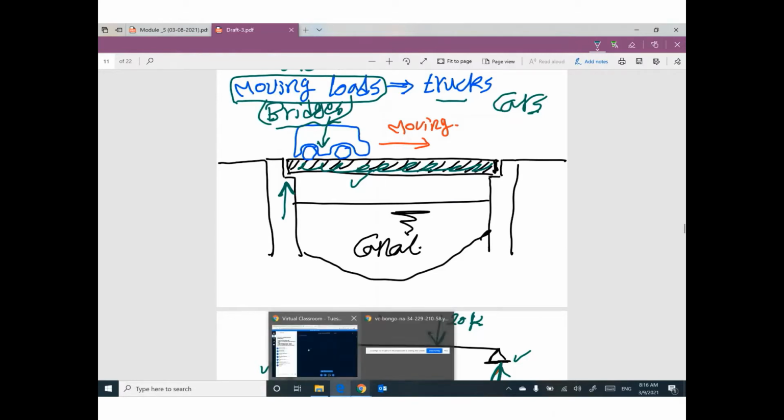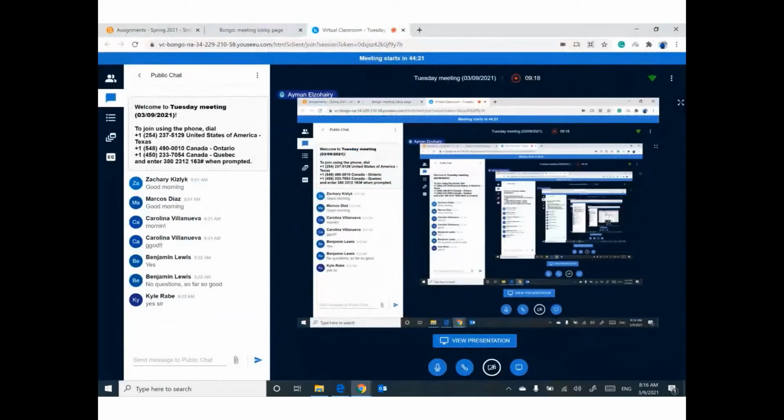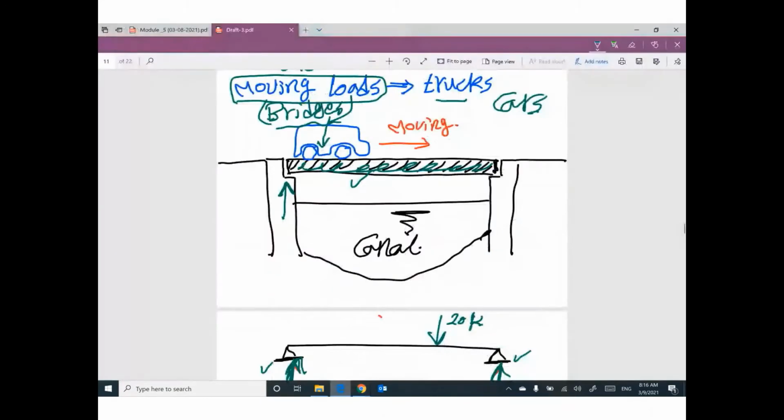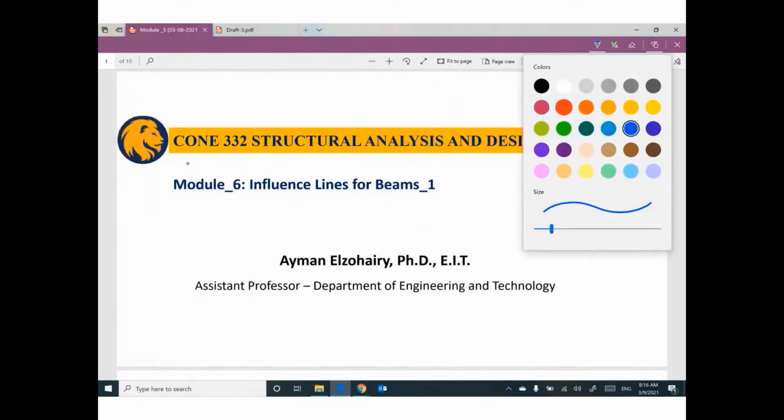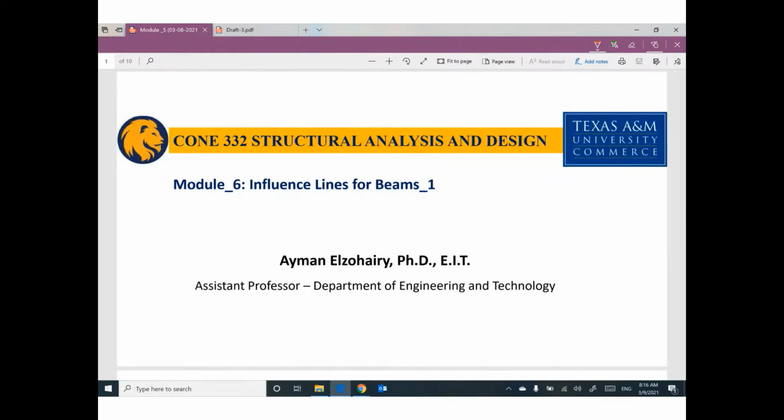Did you learn the meaning of influence line? This part is very important. We need to be familiar with the meaning of influence lines for beams. Beams are the same, nothing changed.